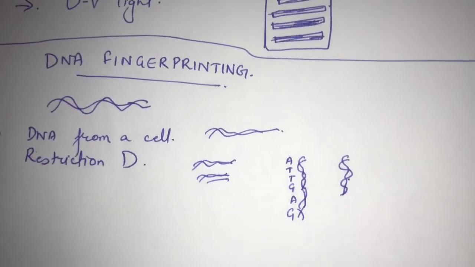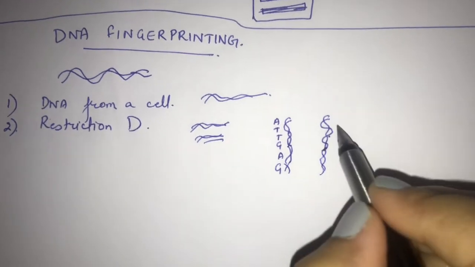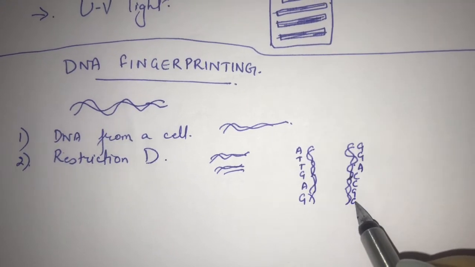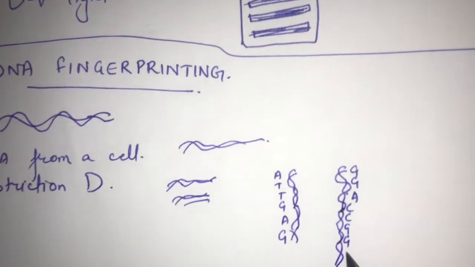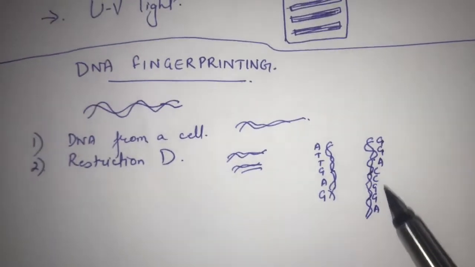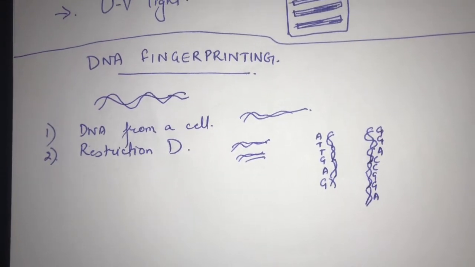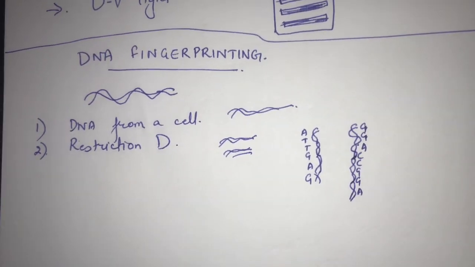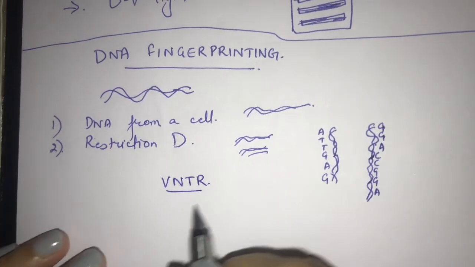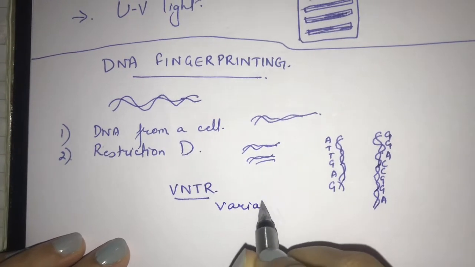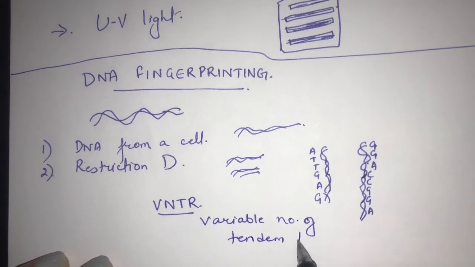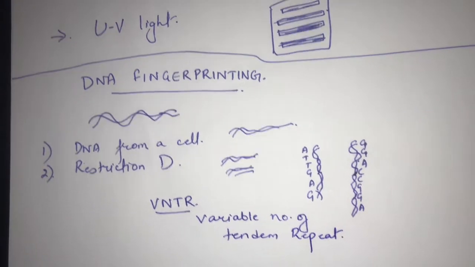This kind of repetitive sequence, suppose G, G, A, C, C, G, G, again like that, again A. Then this nitrogenous base, guanine, guanine, guanine, is repeated several times. This type of repeated sequence is called VNTR, which means variable number of tandem repeat.